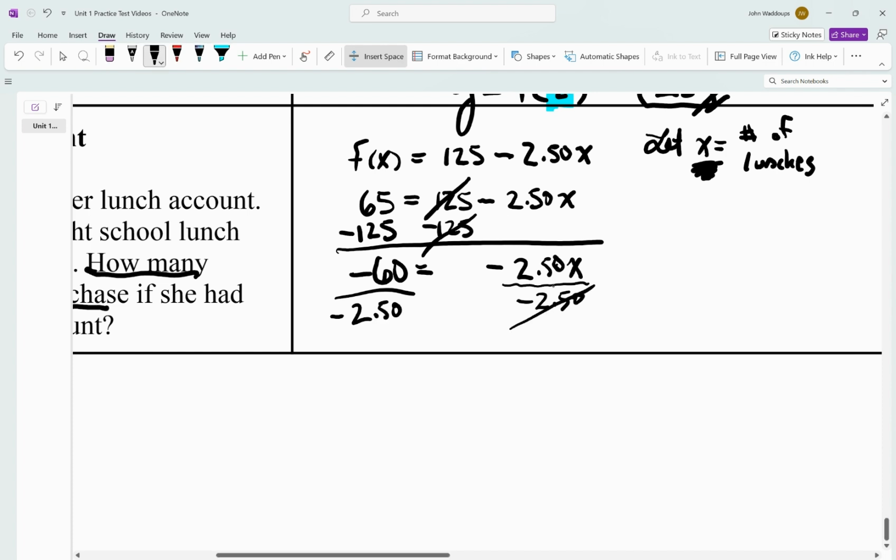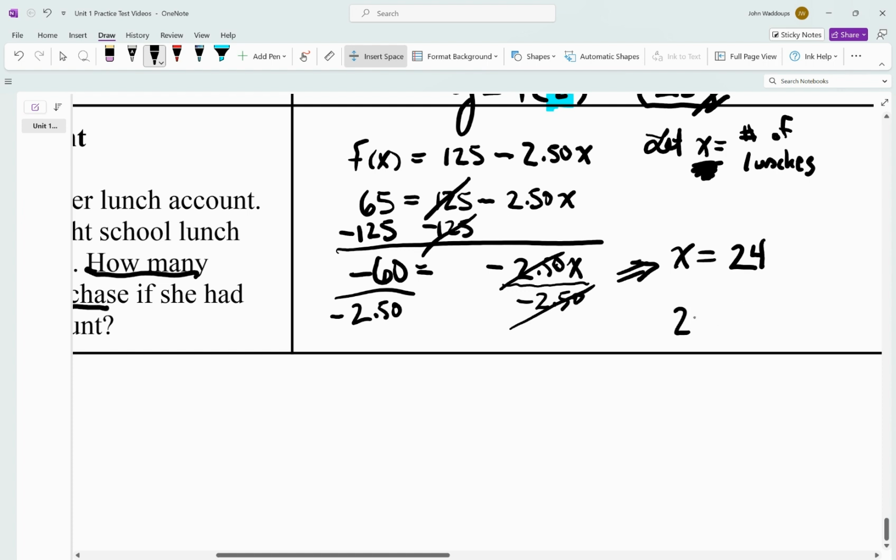That cancels the 2.50 there, leaving us with x equals negative 60 divided by negative 2.5. The negatives cancel, and you're left with x equals 24.